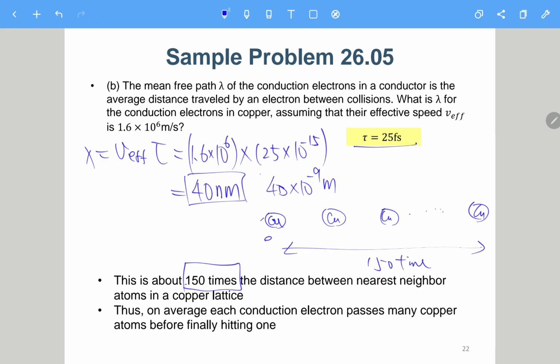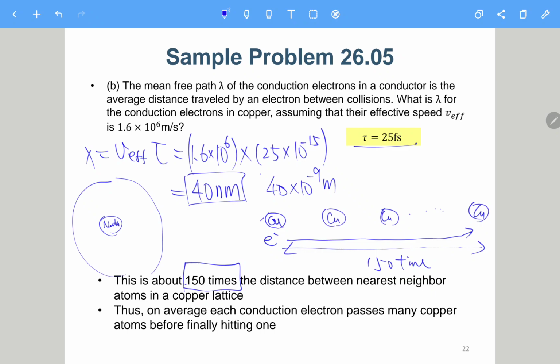Maybe an electron starts from here, and then it goes through 150, and then it collides with another nucleus of the copper. This somehow tells you that the copper or the conductor is not really very dense. The nucleus is there, and then there is quite a lot of space in between.